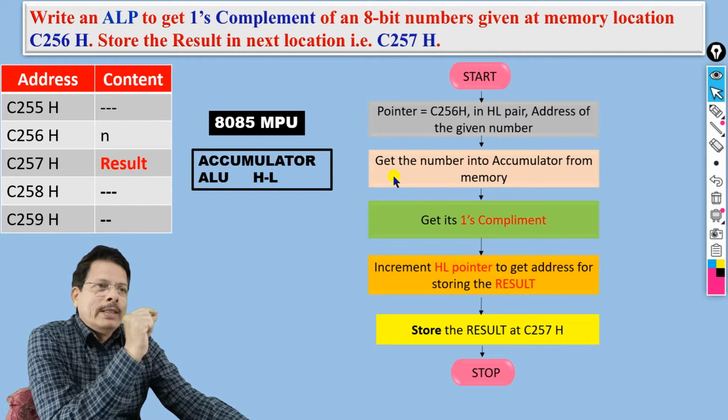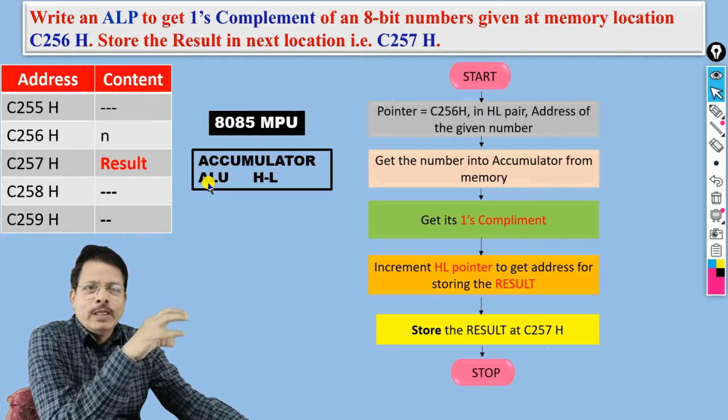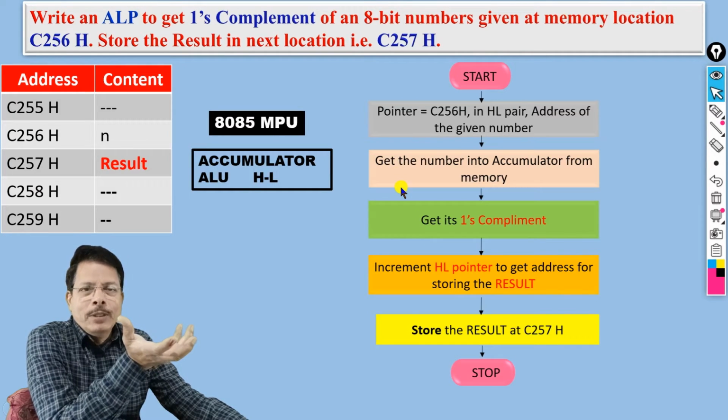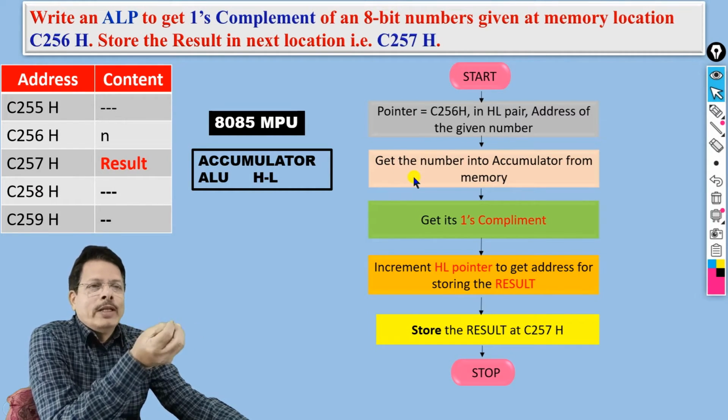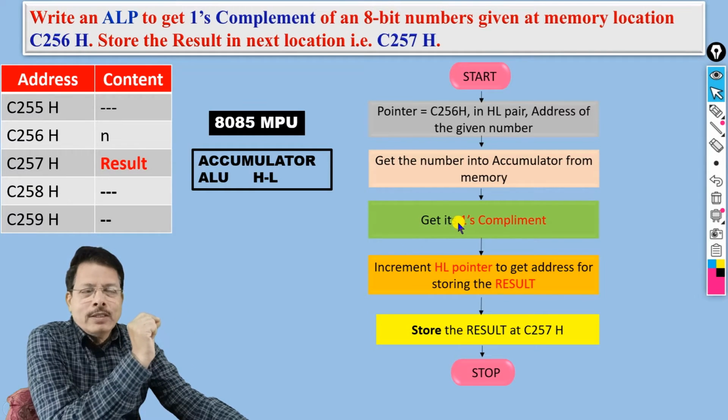And then the next step is to get that number into the accumulator, because it is the accumulator and the ALU that process the data. So next, with the help of the pointer, get the number into the accumulator, then use some logical instruction to get its 1's complement.